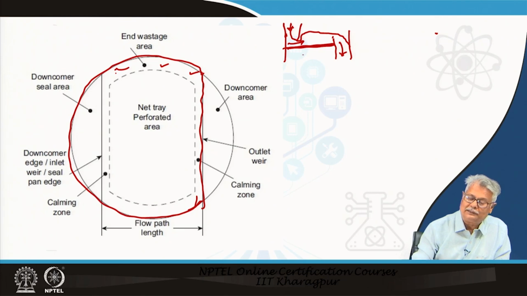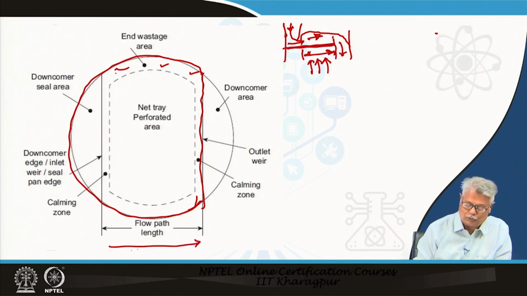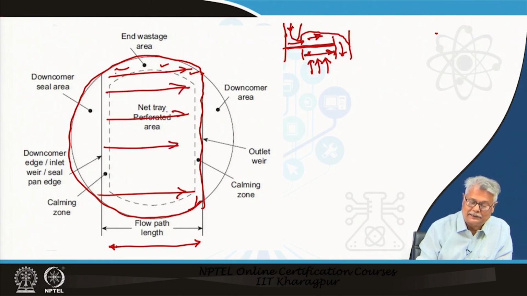You will also notice that the actual cross flow path is only from this point to this point on the tray, and it is through this zone only the vapor goes up. So, what you have here is your flow path length, the path of flow, and there is this very special thing you must have noticed already, that it does not have the same flow cross section.